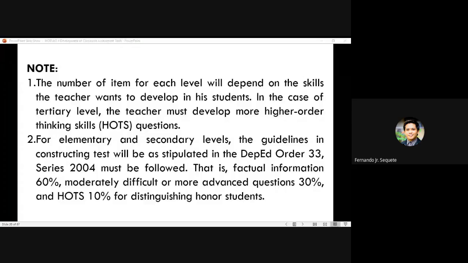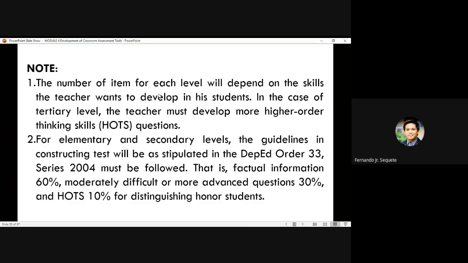You are not in basic education, elementary, mid-high school, or even senior high. You are in the tertiary level. Therefore, it is expected that you can answer HOTS questions and HOTS activities. And this is what we expect to do.